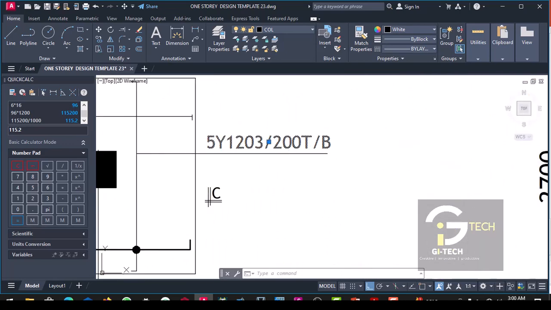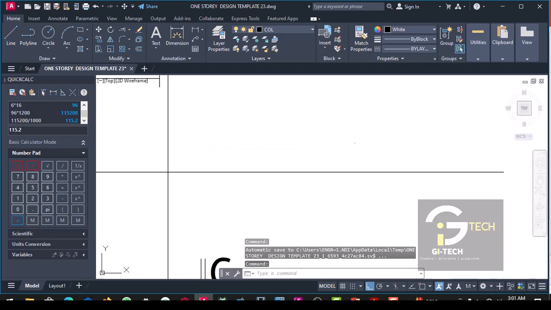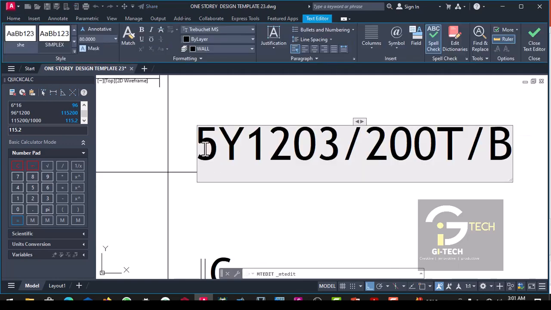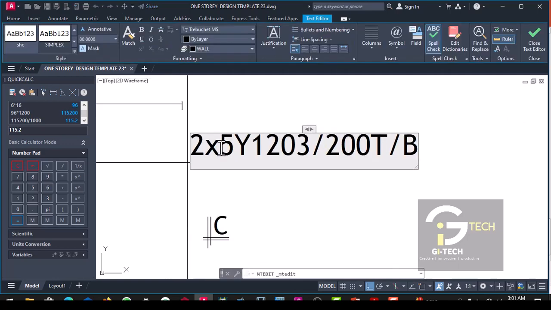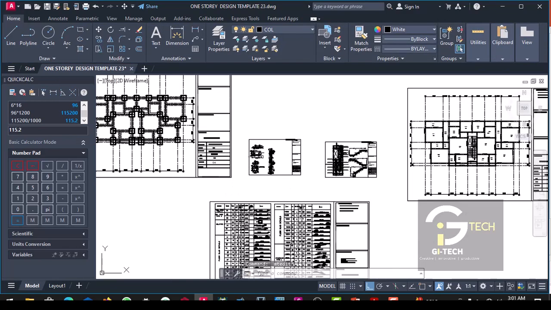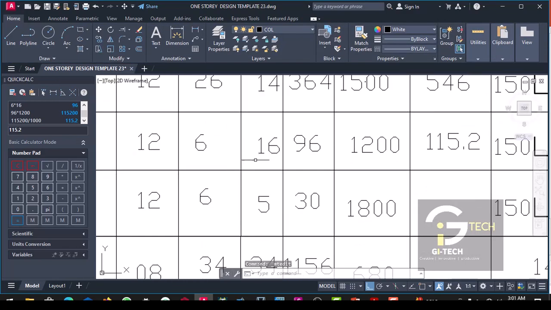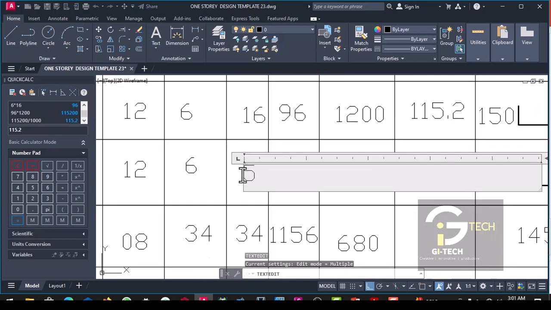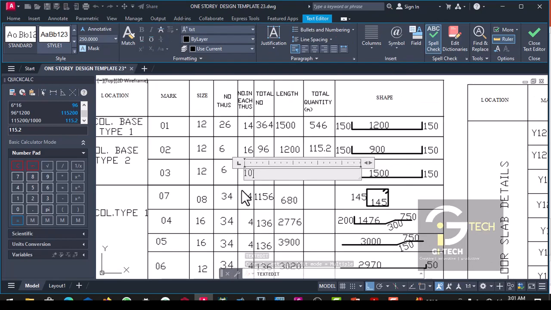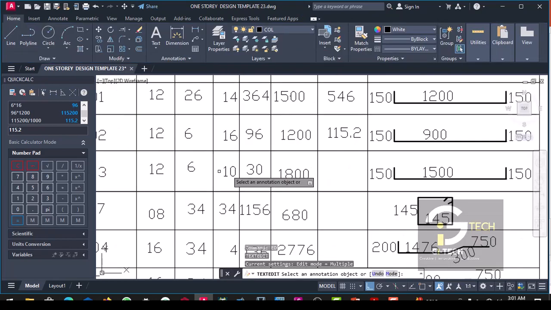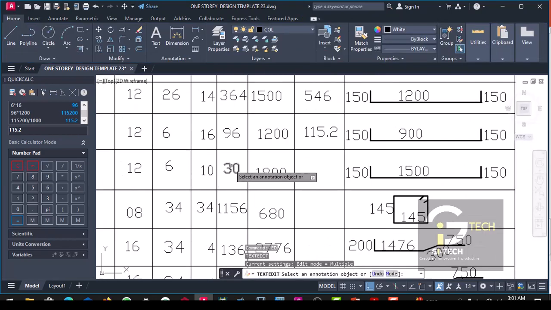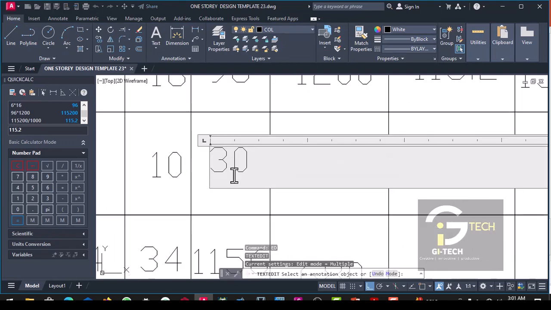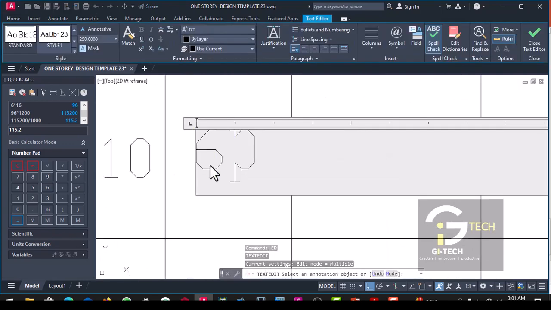So this will be 2 times 5, which will give us 10. So when you multiply 10 by 6, you will have 60.